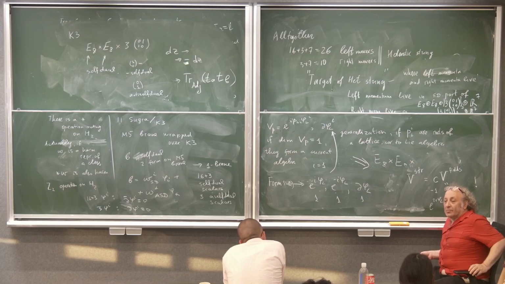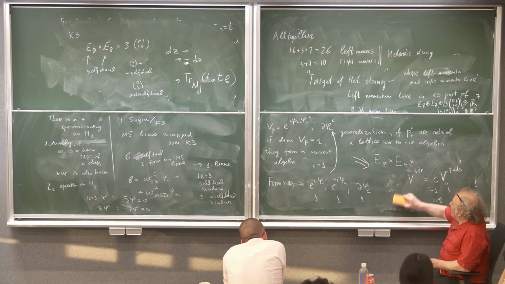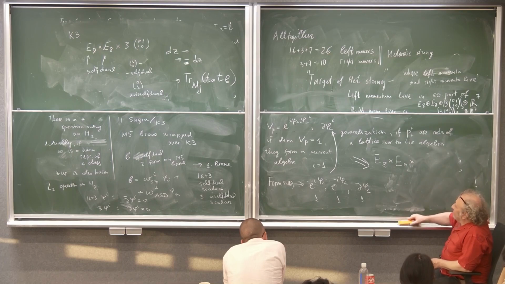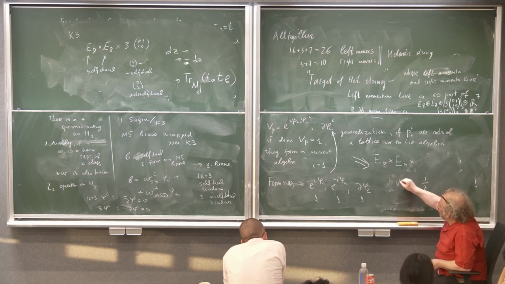At the same time, if you have fields that are holomorphic and have dimension 1, then you inevitably have this structure V_A, V_B of 0.